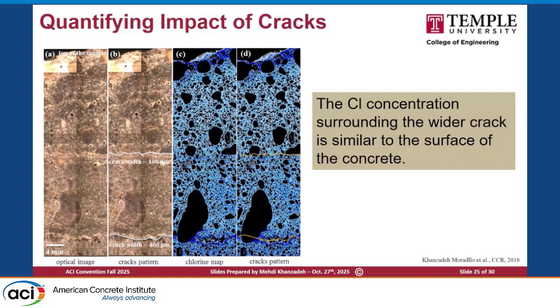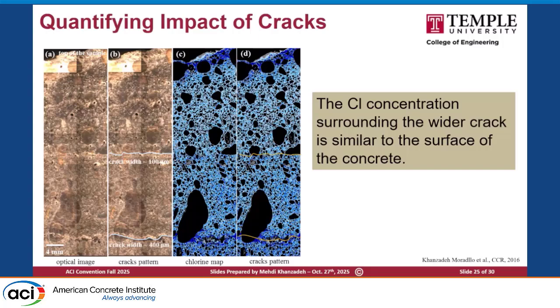So what is the application really, other than getting high resolution data, is to look at some of the features in our sample, especially when the sample comes from the field, to see what is going to be the impact, right? For example, here we received a concrete core from Oklahoma DOT. This is, I believe, extracted right next to the expansion joint. They've seen a lot of cracks.